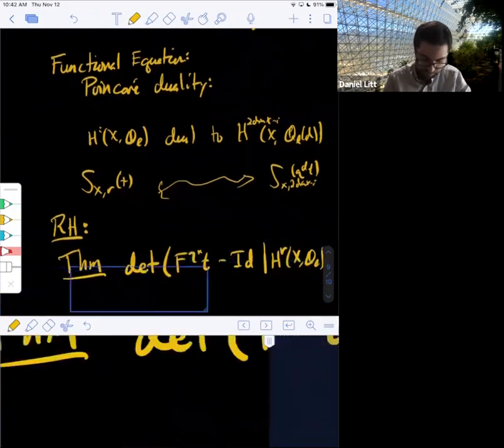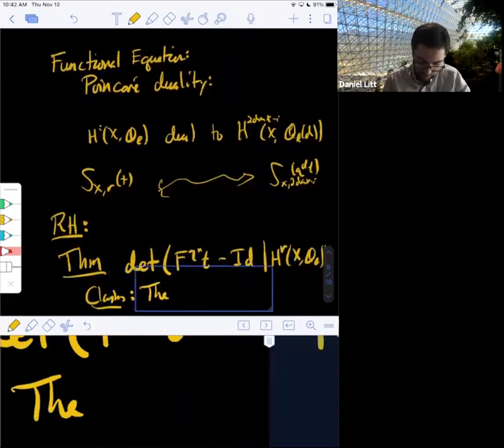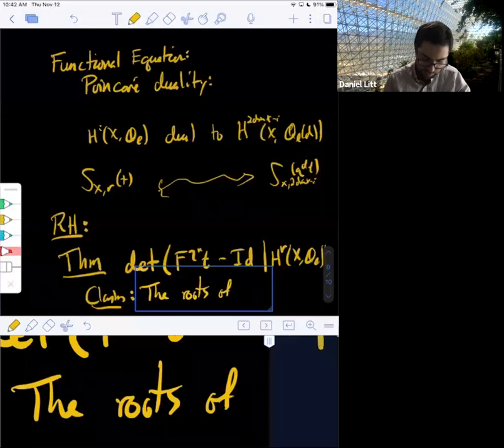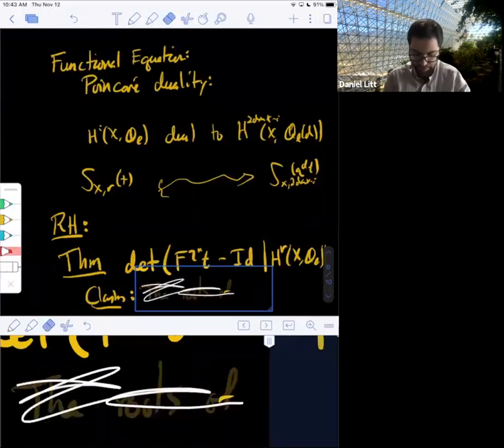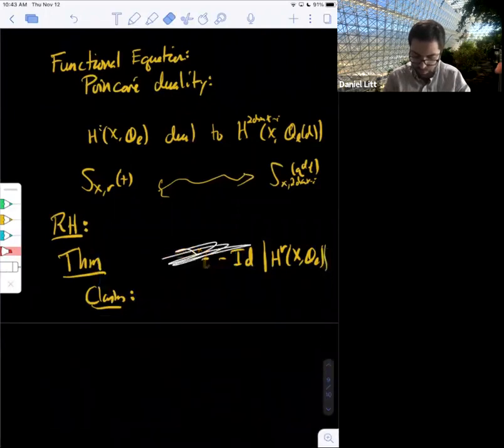So the claim is, first of all, the eigenvalues, sorry, the roots of this polynomial.